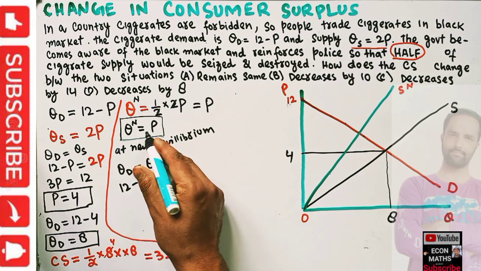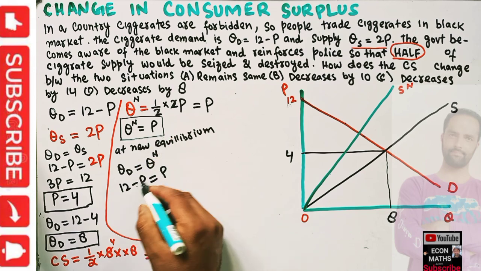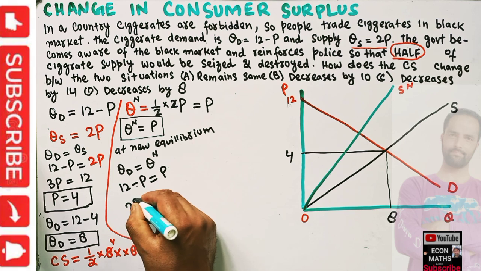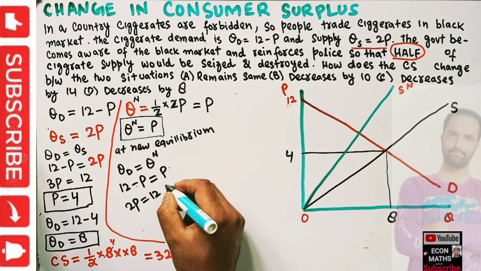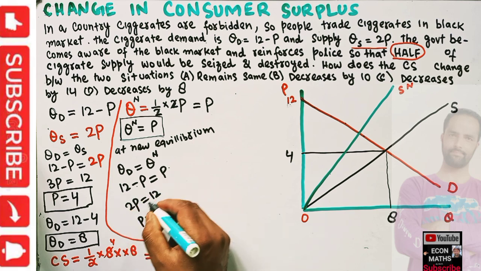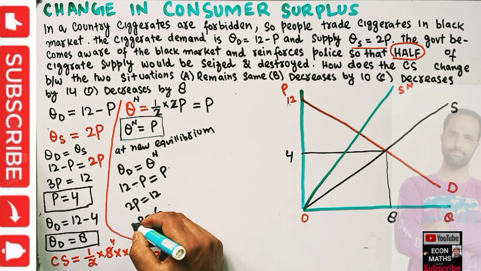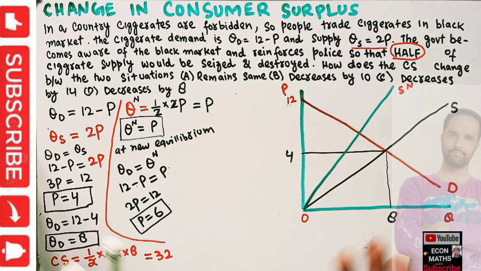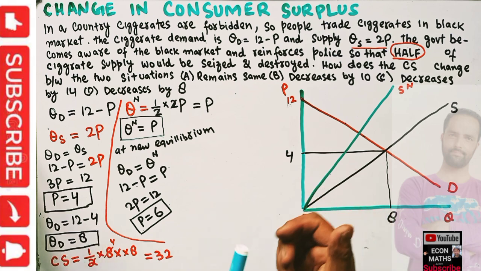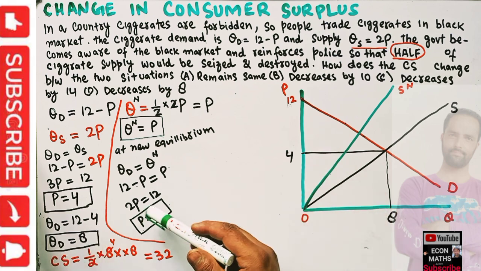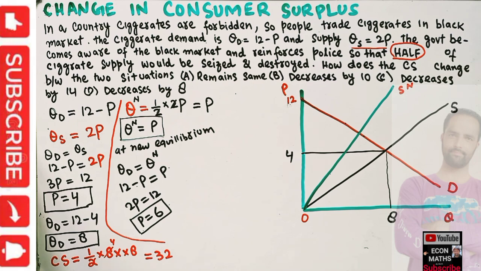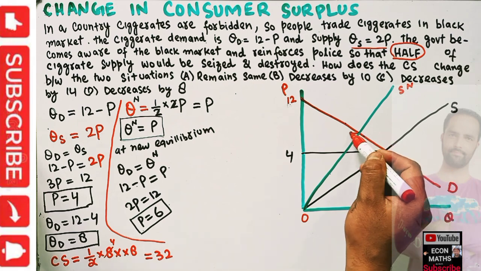And what is the new quantity supplied? That is p. So p is equal to 12 minus p, so 2p is equal to 12, which implies p is equal to 12 upon 2, which comes out to be 6. After the police, who have done great work in this case, the new equilibrium price will be equal to 6. Let me draw it here.